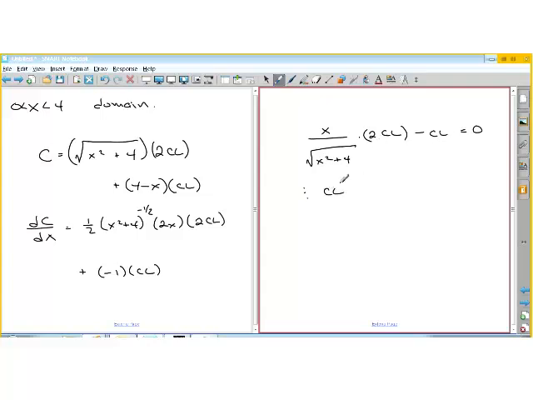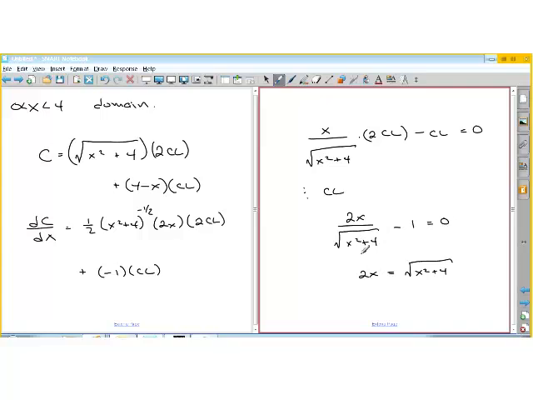So you see we divide by CL, and that's why it doesn't matter, because it cancels out when we do the derivative. So we'll get 2x divided by the square root of x squared plus 4 minus 1 is equal to 0. 2x is equal to the square root of x squared plus 4. How do I get that? Move that to the right-hand side so it becomes positive 1.